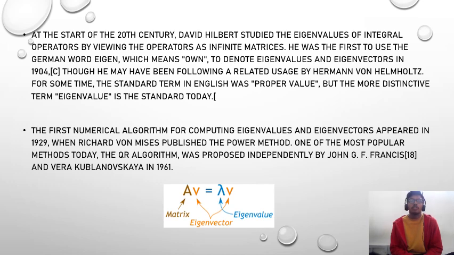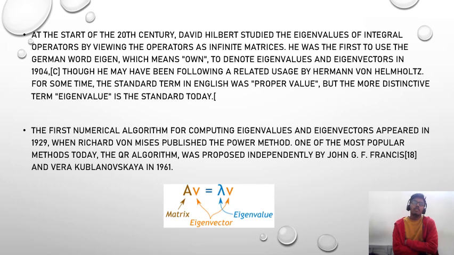He was the first to use the German word eigen, which means own, to denote eigenvalues and eigenvectors in 1904, though he may have been following a related usage by Hermann von Helmholtz. For some time, the standard term in English was proper value, but the more distinctive term eigenvalue is the standard today.